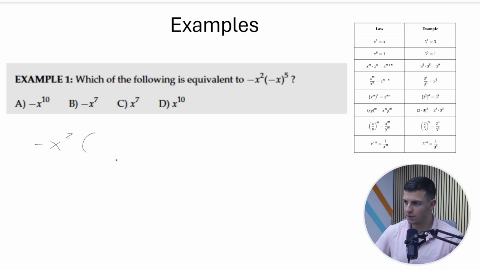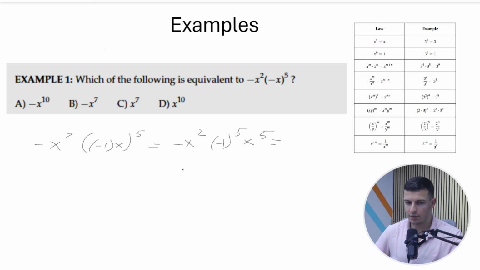Because there is a coefficient of negative 1 in front of x, it's in fact negative 1 times x, all to the power of 5. And when we open the bracket, it becomes negative 1 to the 5 and x to the 5.